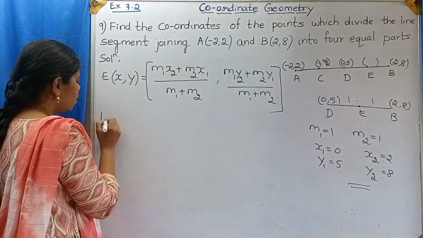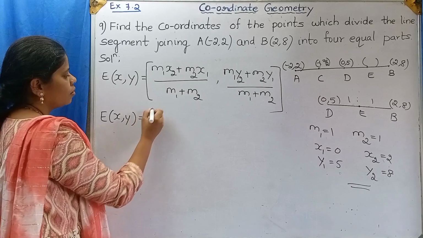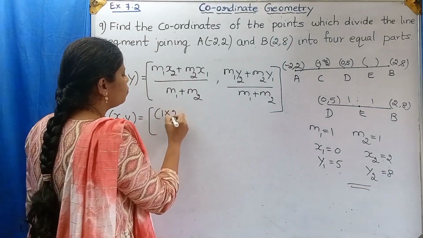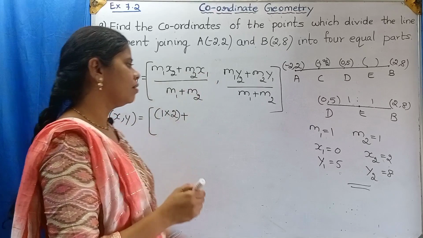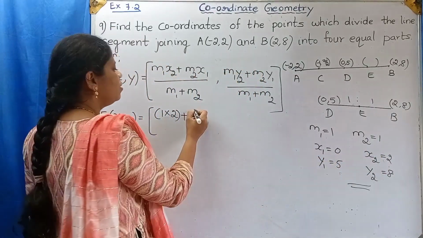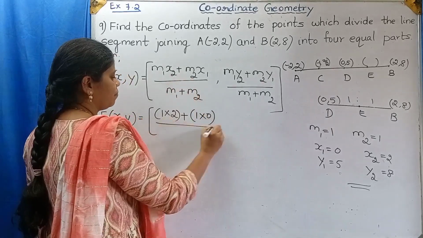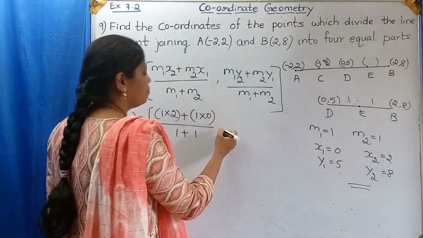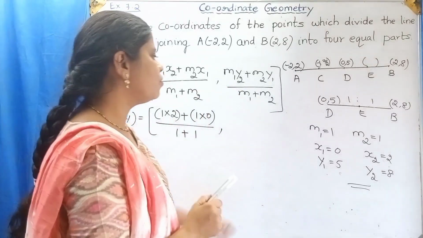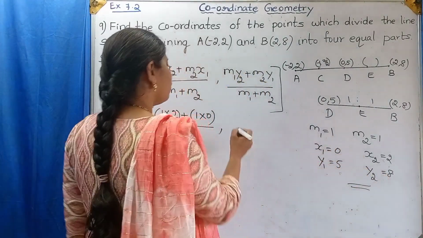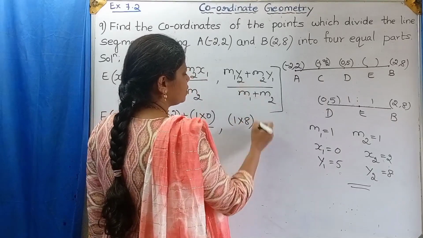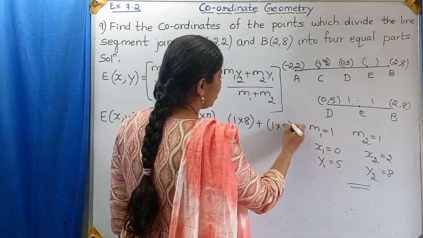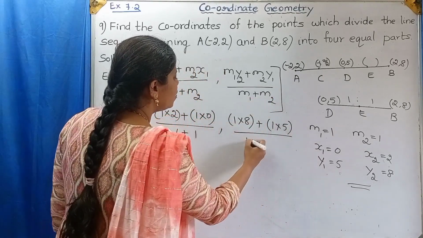E(x, y) is equal to (1 into 2 plus 1 into 0) divided by (1 plus 1), comma, (1 into 8 plus 1 into 5) divided by (1 plus 1).